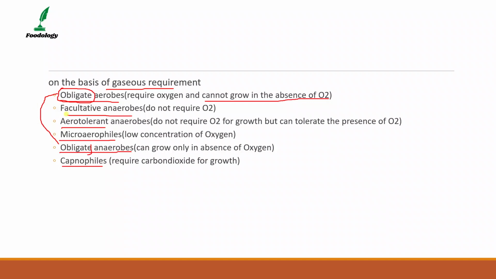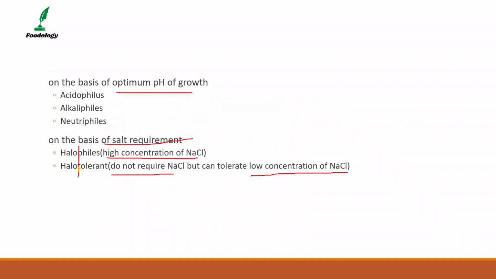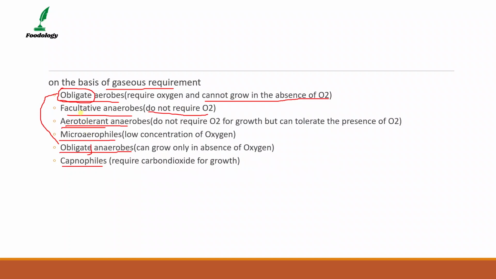Then you have facultative anaerobes. Facultative anaerobes do not require O2. And then you have aerotolerant anaerobes. Here again, like in your previous case, halotolerant, the term tolerant has come over here. Someone or something is being tolerated over here.